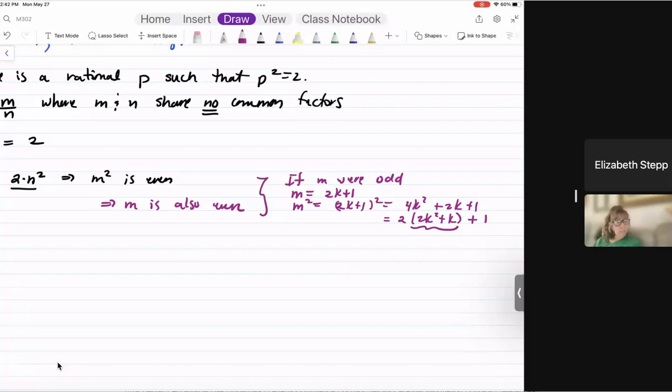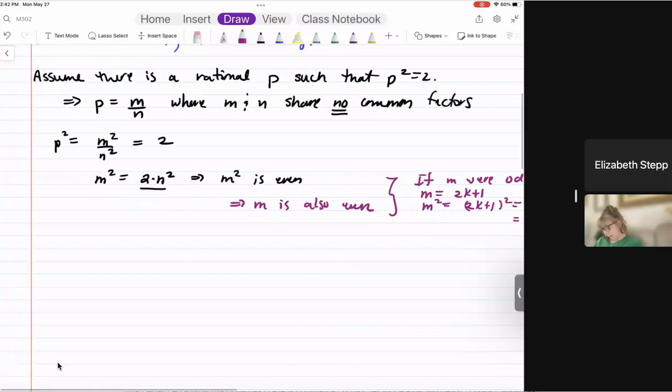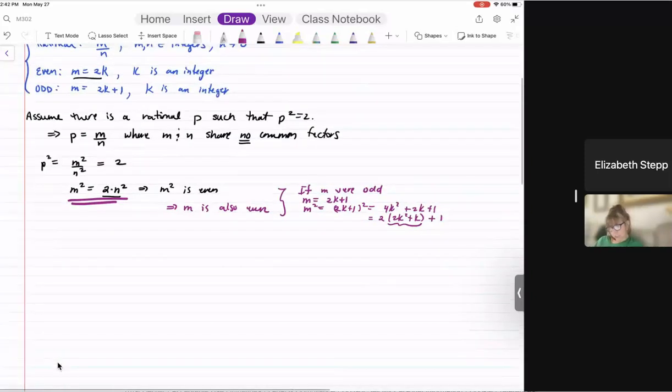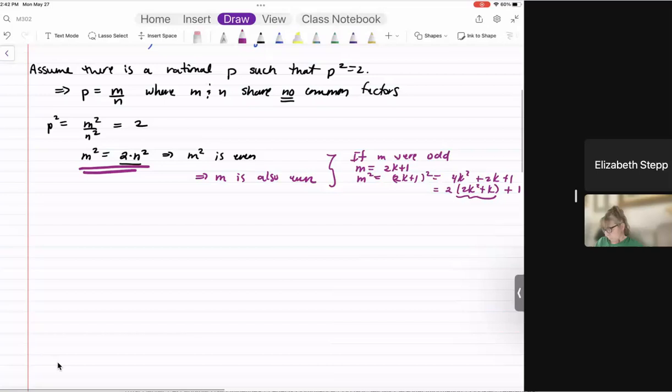The sum and product of integers is an integer. So this means that if m is odd, m squared is odd. And we've already concluded that m squared is even. So m has to also be even. Make sure you understand what we did there.